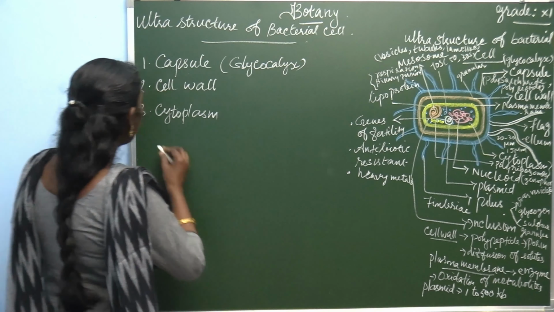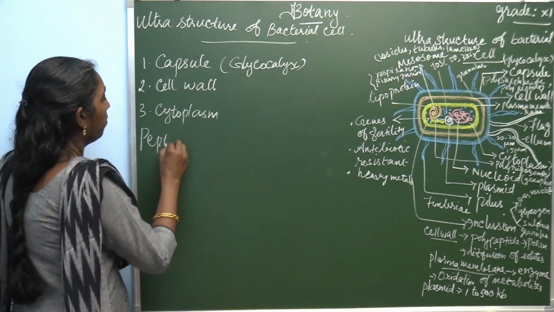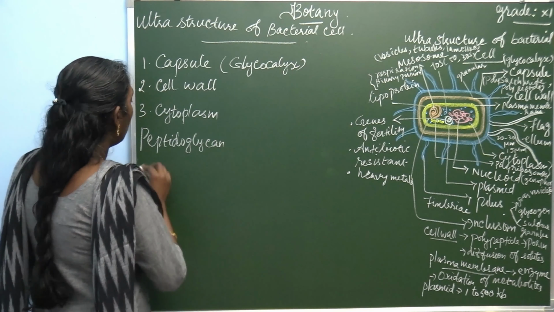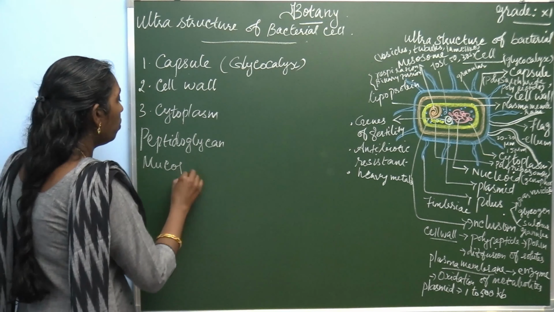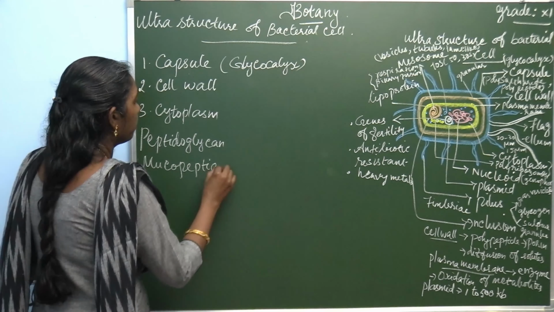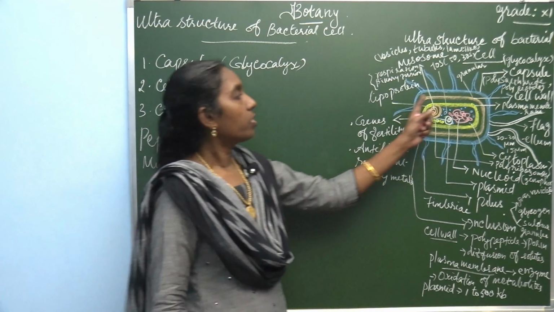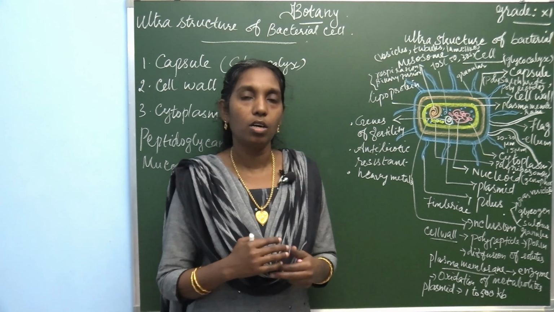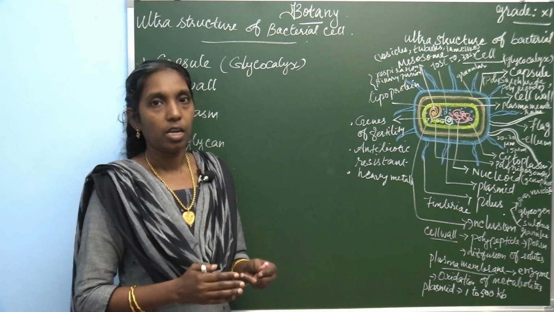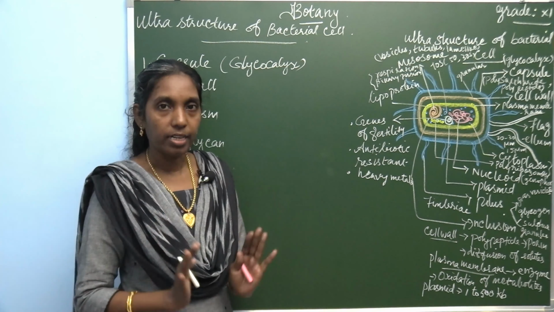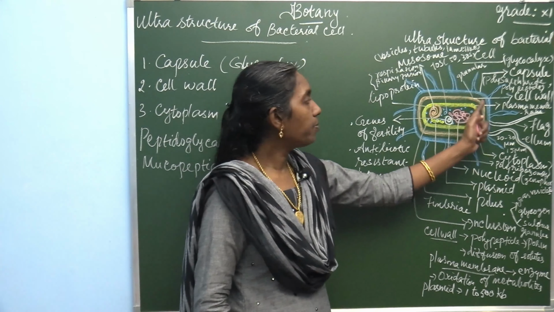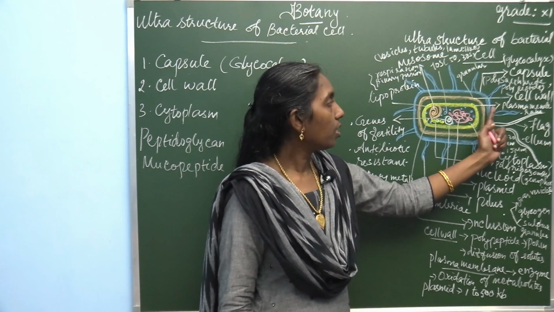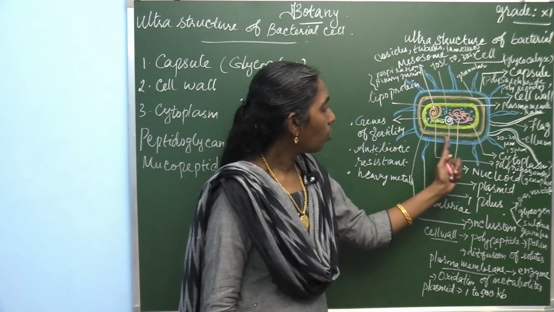So, composition of cell wall: it is made up of peptidoglycan or mucopeptides. The cell wall is rigid, it gives shape to the cell. So, first you write about the capsule, then you write about the cell wall.